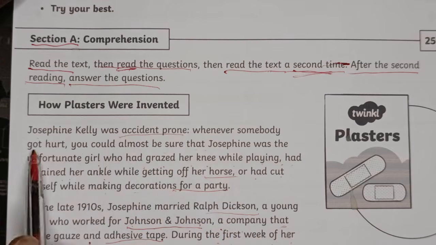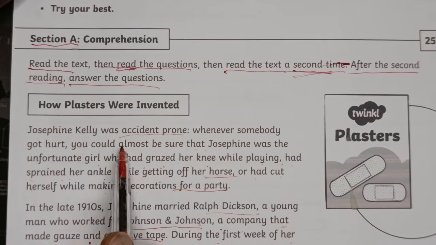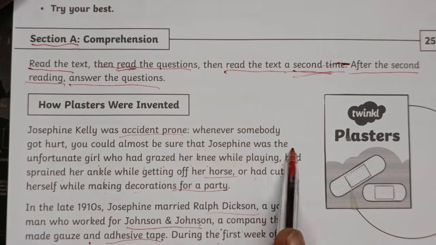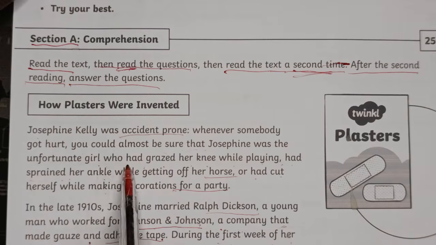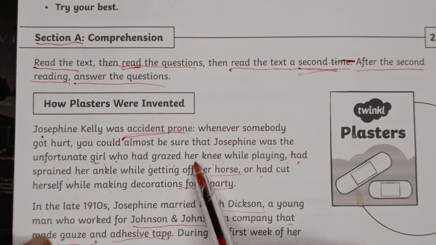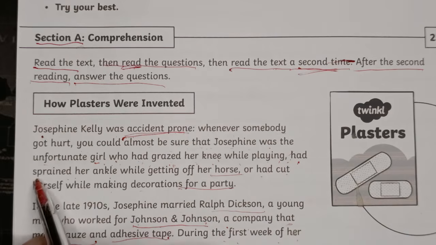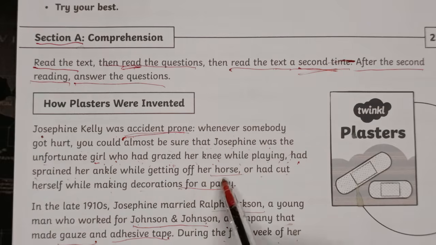For the second time, Josephine Kelly was accident prone. Whenever somebody got hurt, you could almost be sure that Josephine was the unfortunate girl who had grazed her knee while playing, had sprained her ankle while getting off her horse, or had cut herself while making decorations for a party.